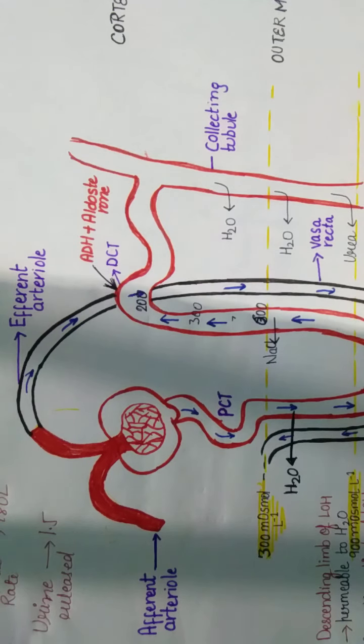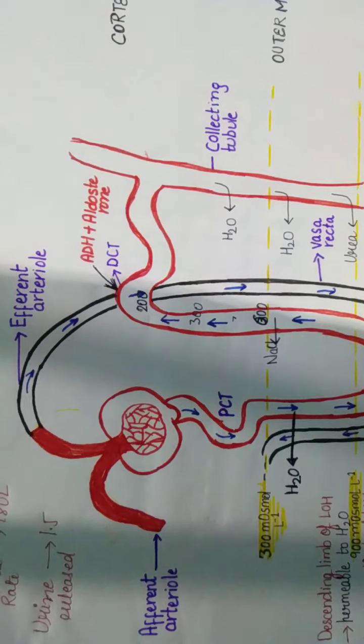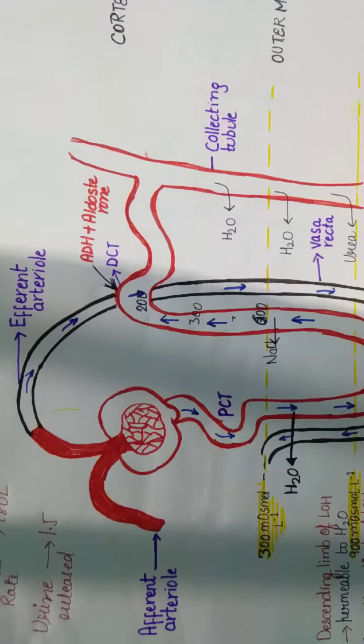See how beautiful this diagram is. This is the structure of the nephron. Now what is a nephron? The nephron is the structural and functional unit of the kidney, and these nephrons help us to produce concentrated urine.